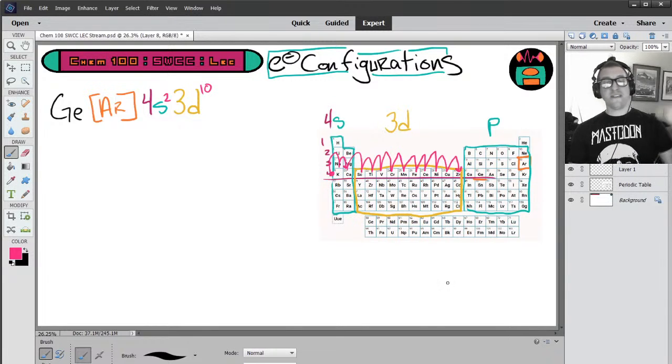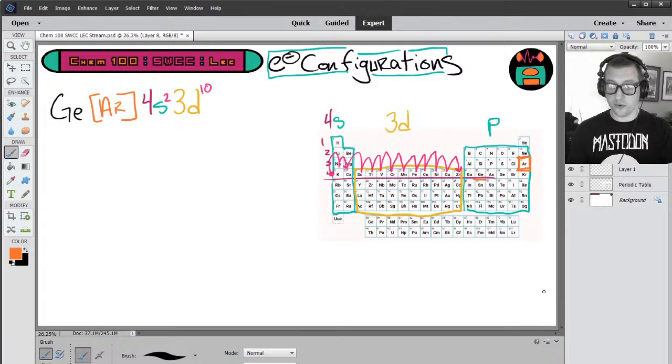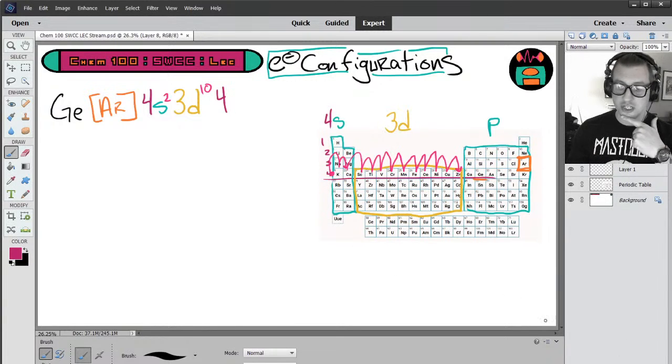Well, we've already filled our 3d subshell, yes, but we've already filled our 3p subshell, right? When we did the electron configuration for argon, that has a full 3p subshell. So when we cross from the D block back over to the P block, we are shifting our energy level back up.